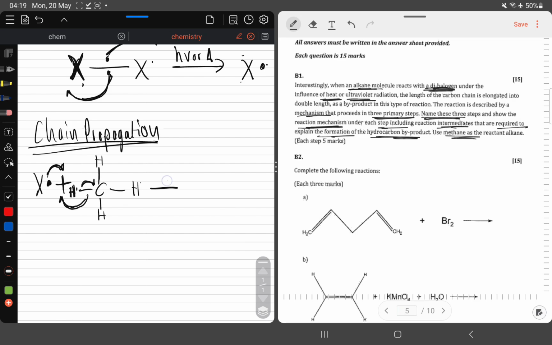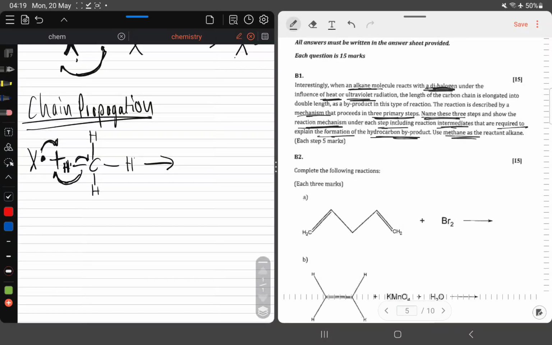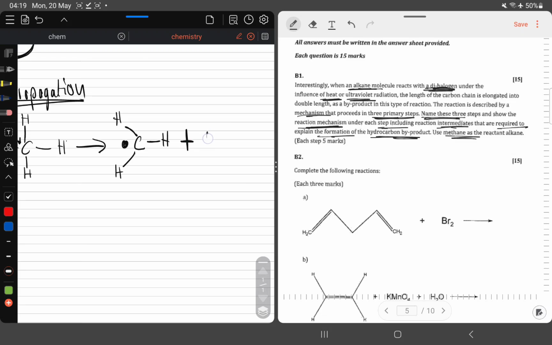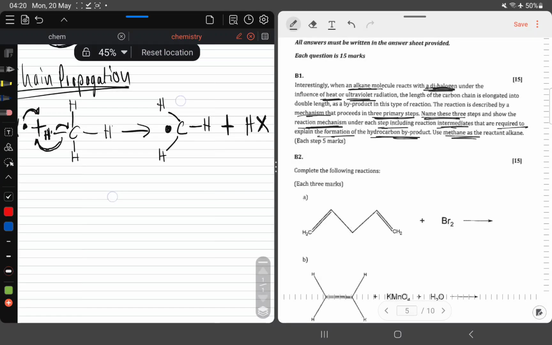So what we will end up having is the carbon with these 3 bonds, but this one is gone and it's now a radical, plus HX. So this is going to be the first one.